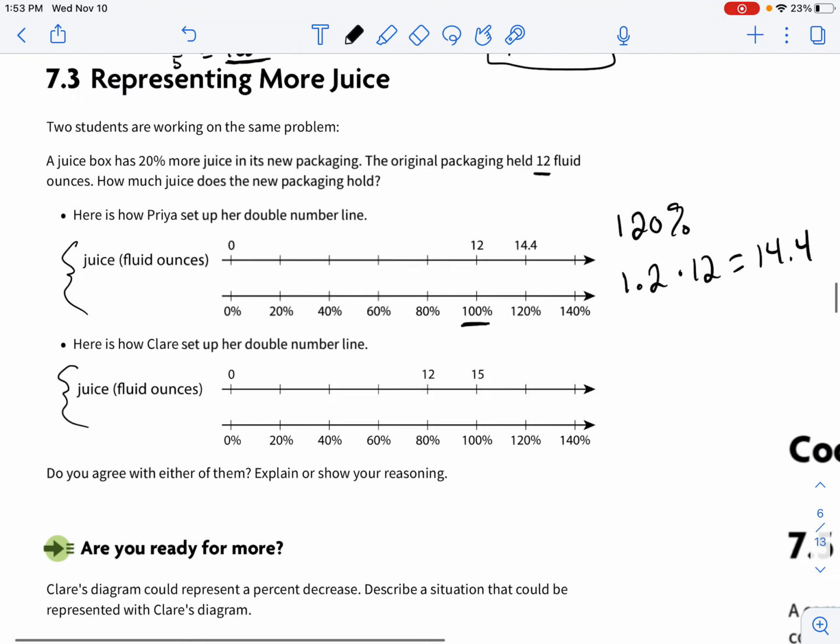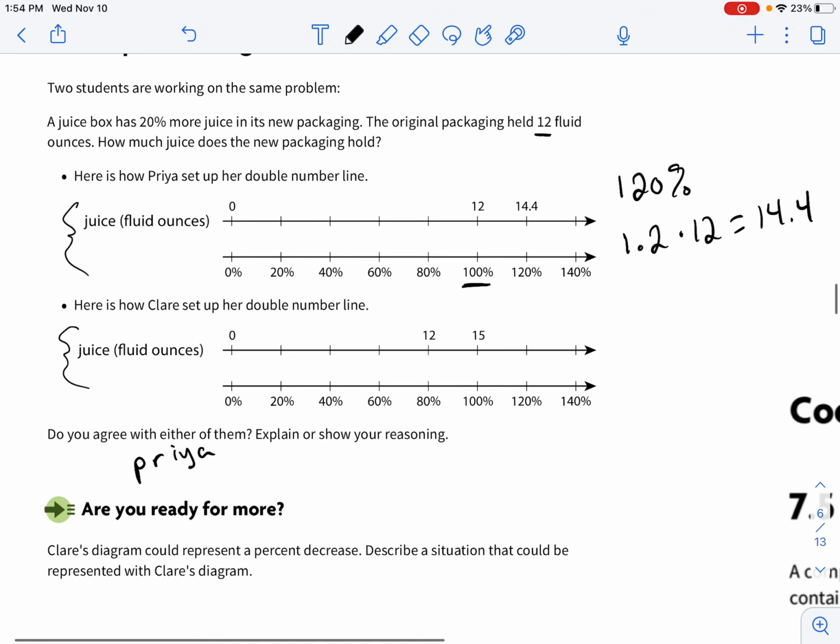Okay, so I agree that it is Priya. It says Claire's diagram could represent a percent decrease. Describe a situation that could be represented with Claire's diagram.